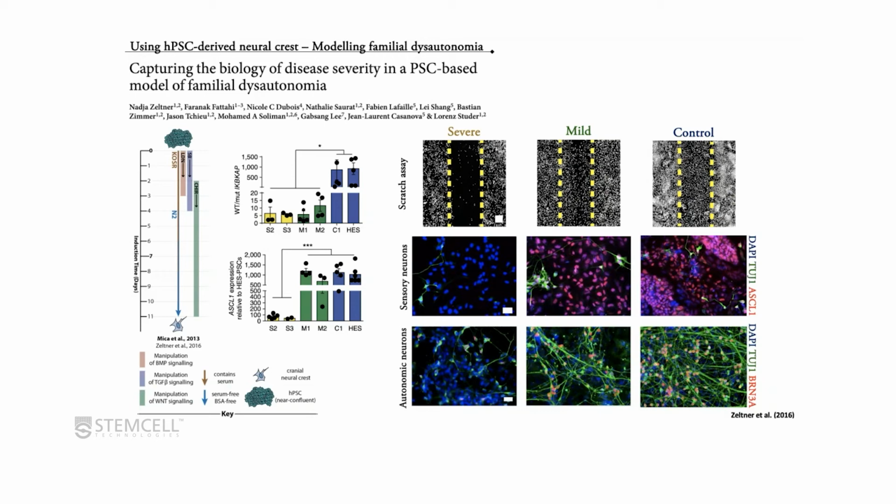And in fact, Zeltner was able to identify 3 candidate genes, one of which was laminin beta 4. And I think that this study really demonstrates the power and utility of human pluripotent stem cell derived neural crest in modeling neurocristopathy.